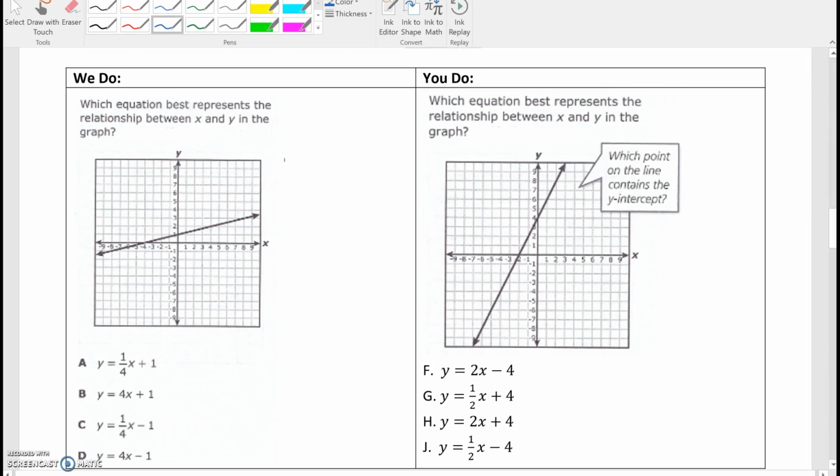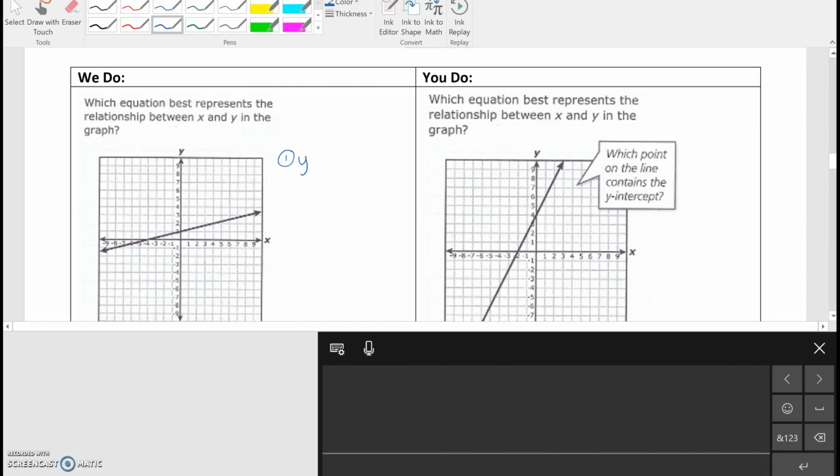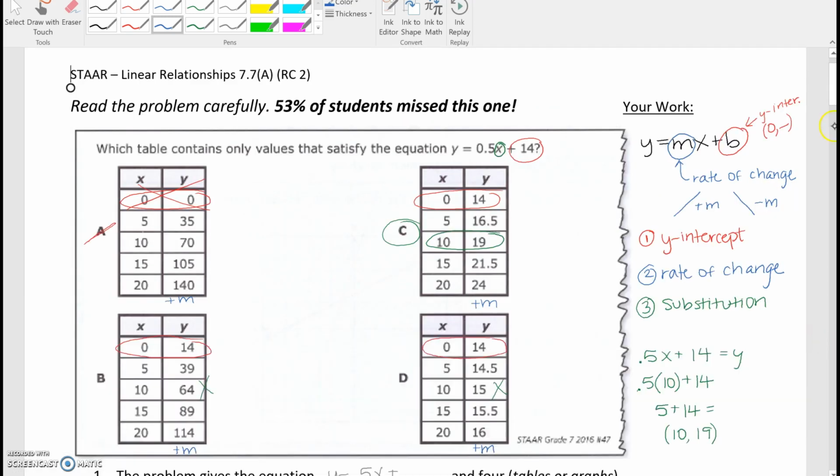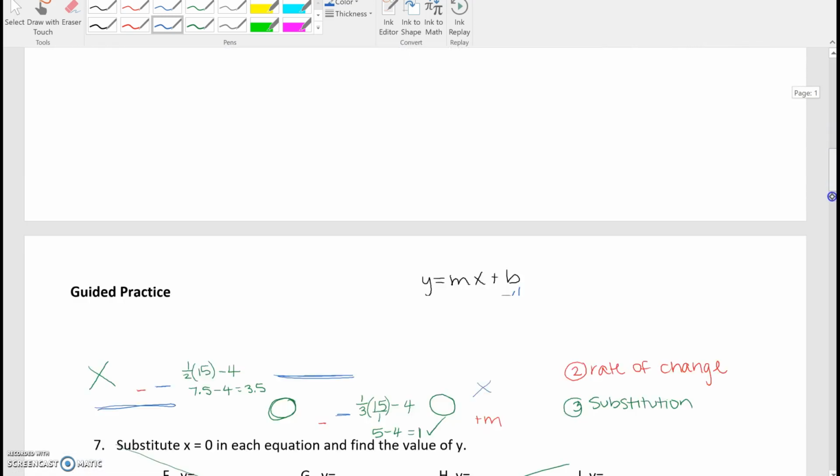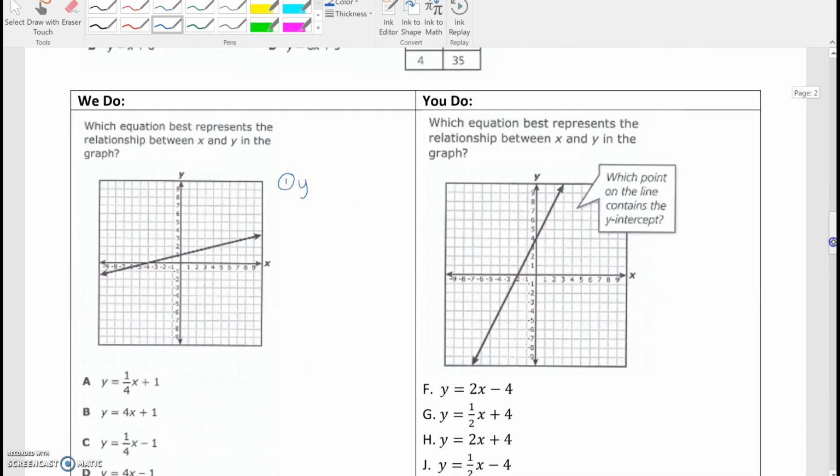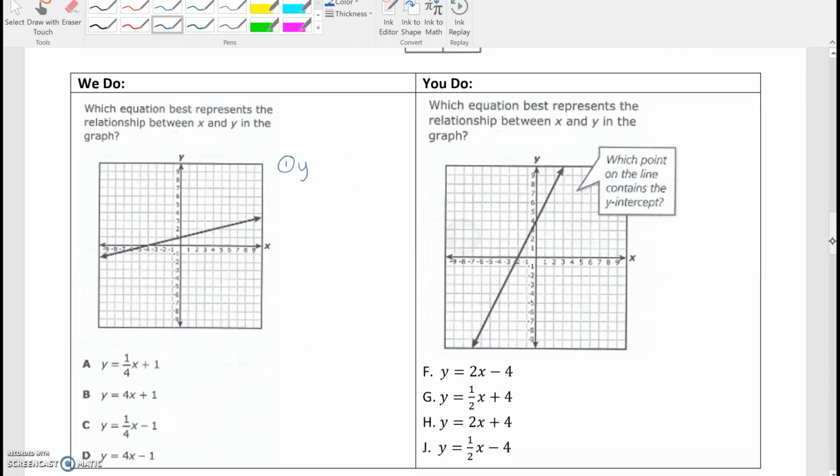Oops, so step 1 is my y-intercept. Darn it, sorry. Y-intercept. Okay, so with our colored pencil, we should be going down the y-axis. We are looking for where the line goes through the y-axis, our colored line.